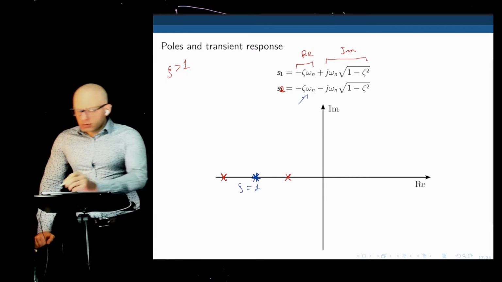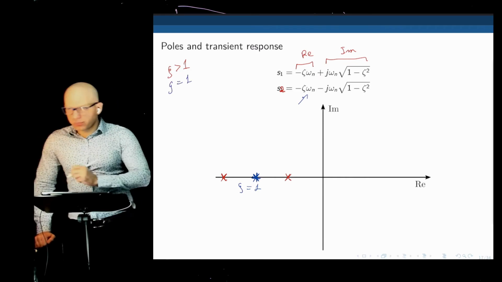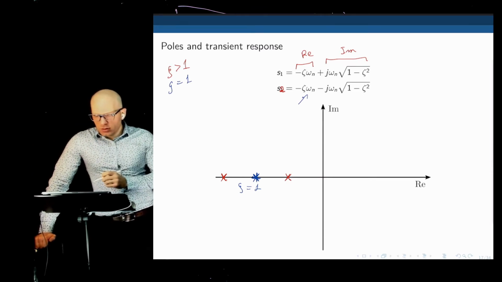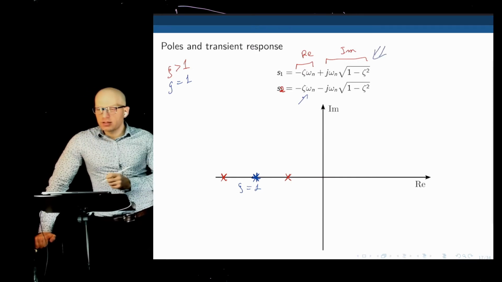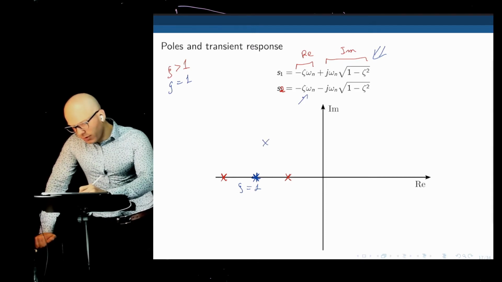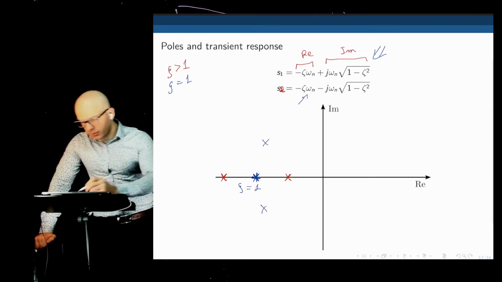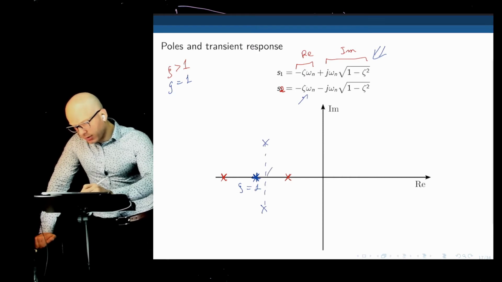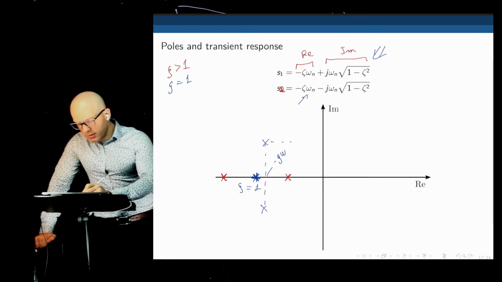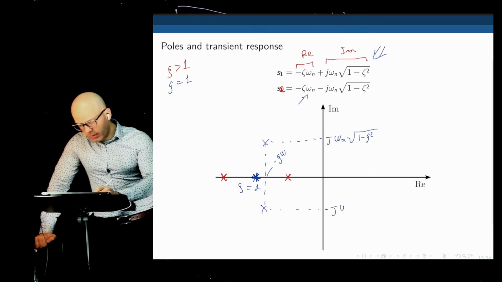If we keep decreasing zeta, so this is the case for zeta equals 1, now you'll see that zeta less than 1 will make the imaginary part show up, and these poles will break away from the real axis, which means that now they have both a real part, negative zeta omega n, and an imaginary part, j omega n square root of 1 minus zeta squared, and negative j omega n square root of 1 minus zeta squared.